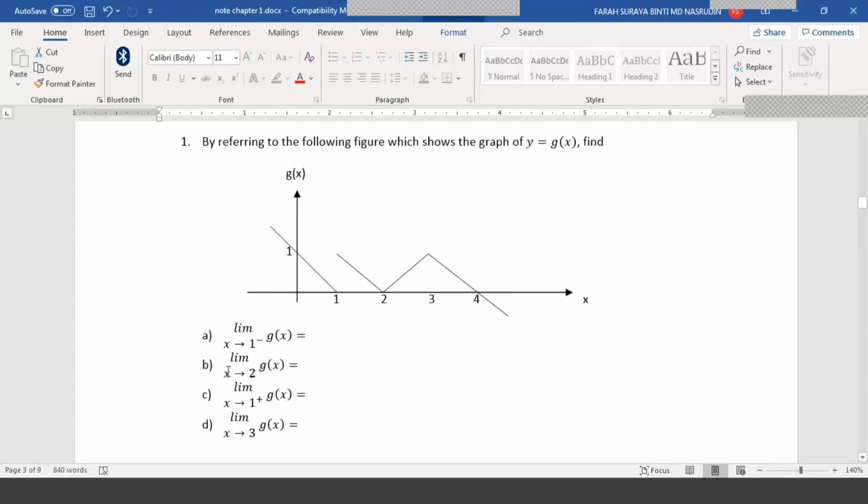Soalan A. From left, 1 left. One dekat sini. Okay, so jalankan graf ni daripada sebelah kiri and then semakin menghampiri 1. Poinnya berapa? 0. Okay, so yang ni jawapan dia 0.